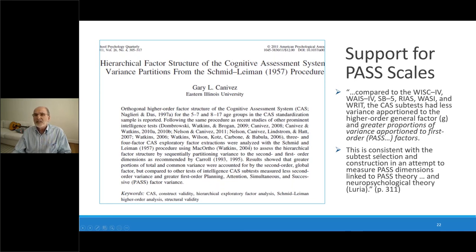But the only test that they found that had enough variance accounted for after G was the Cognitive Assessment System, the test that I published. And we'll talk a little bit more about that in a little while. So this is the literature. You can go read all these articles and get all this literature that's out there. I'm just presenting it to you so you know what's what.